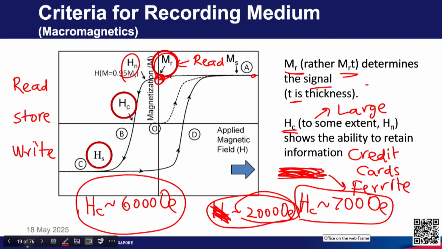So, a 2000 oersted field cannot erase the information of a hard disk drive, which has a large coercivity. So, you can correlate this coercivity to storage. If coercivity is large, then that material can store information without getting erased. So, you can relate MRT, MR multiplied by thickness, to readability of hard disk drive.